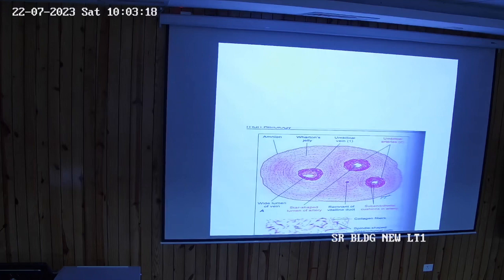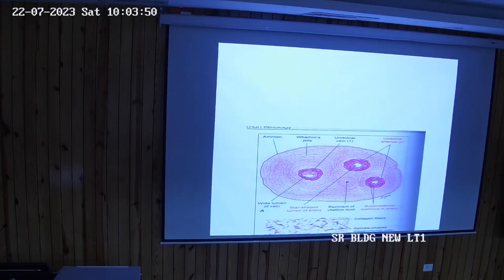When we focus the slide of the umbilical cord, it will show two rounded structures above and one rounded structure below. These two structures are umbilical arteries, and the one structure is the umbilical vein. Surrounding this, there is the muscle coat and covering it a part of jelly.